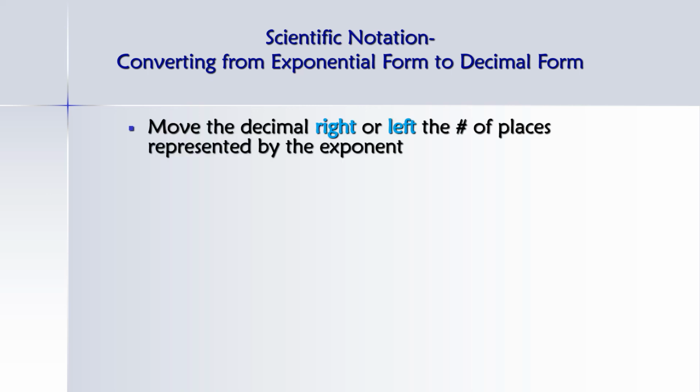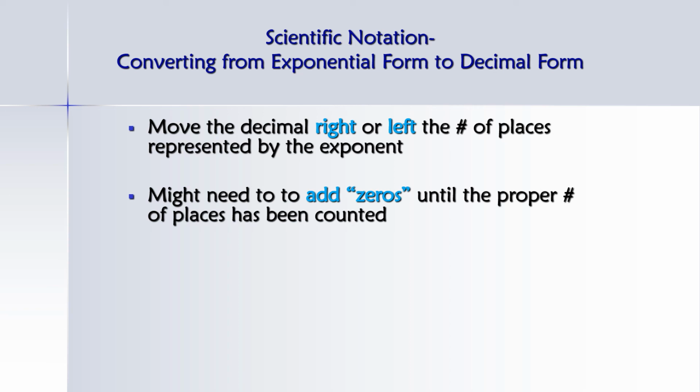Okay, now let's say you are given an opposite type of question. So now you're given a scientific form and you have to convert that to the regular or decimal form. What do you do in that case? Well, you basically just reverse the process. You have to move your decimal right or left depending on the number of times your exponent is saying.